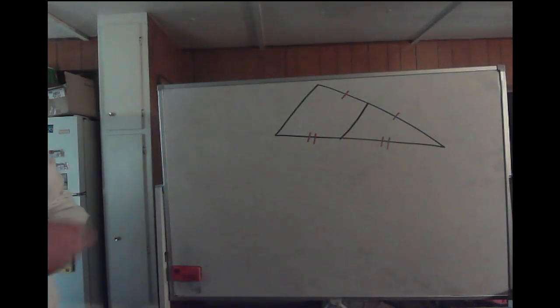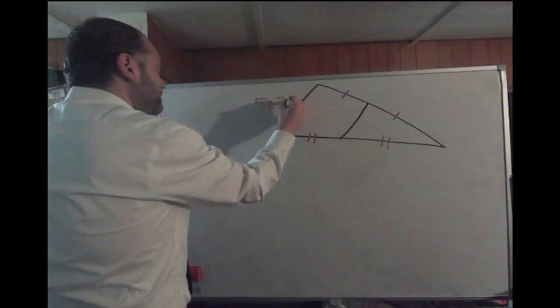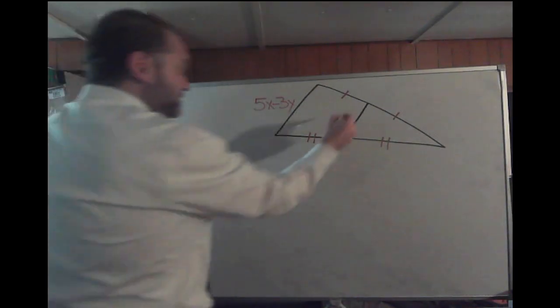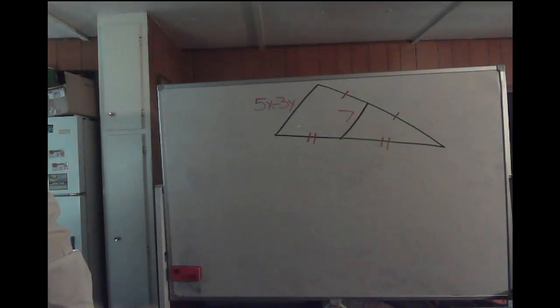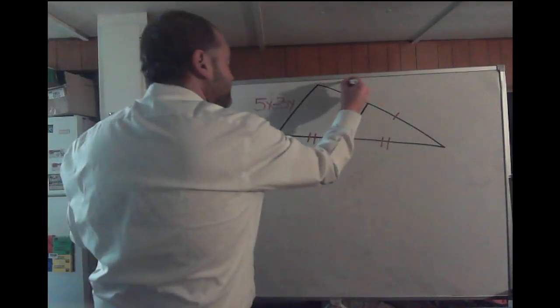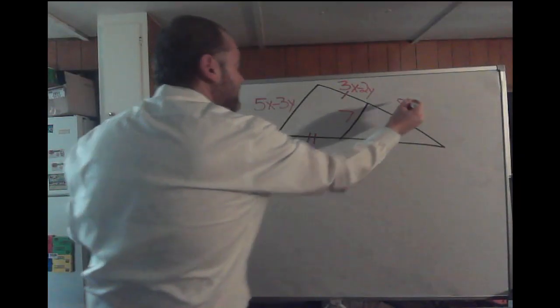Okay, so this side is 5x minus 3y. This side here is 7. This side here is 3x minus 2y. This side here is 8.